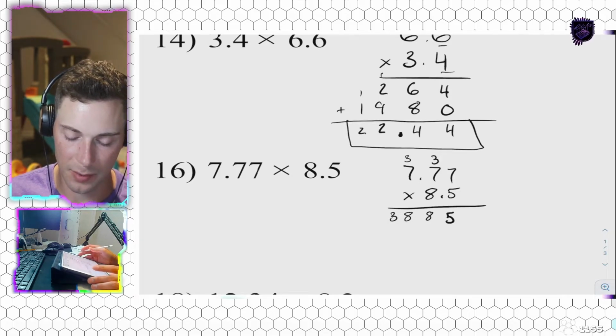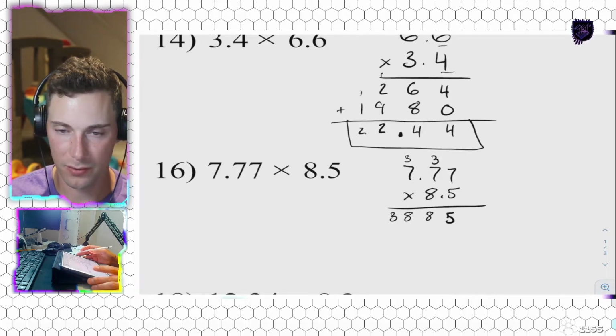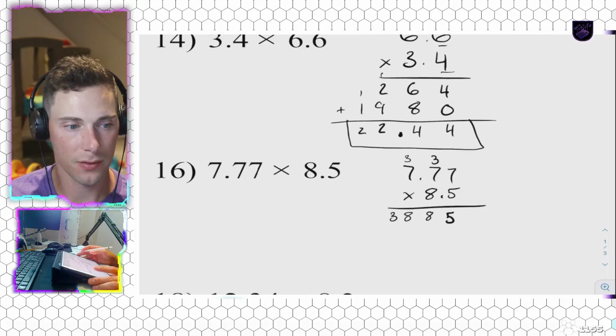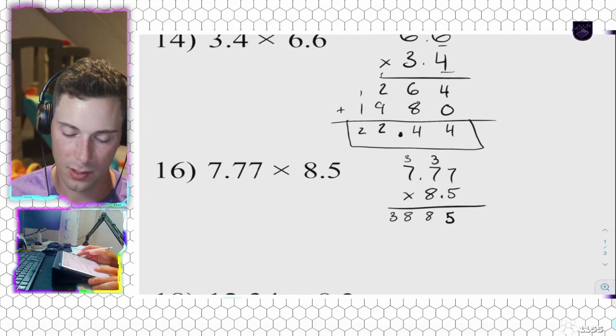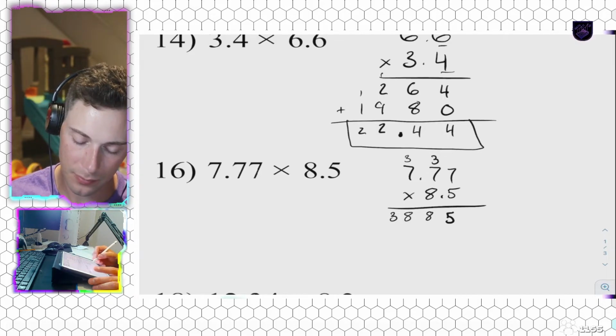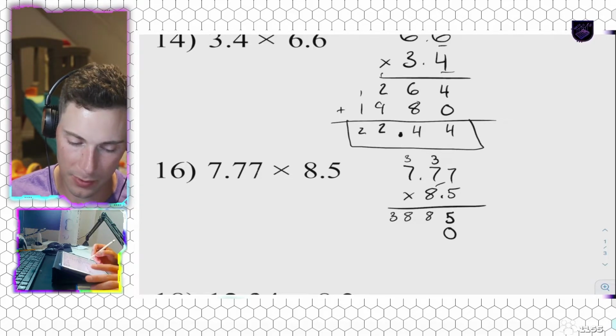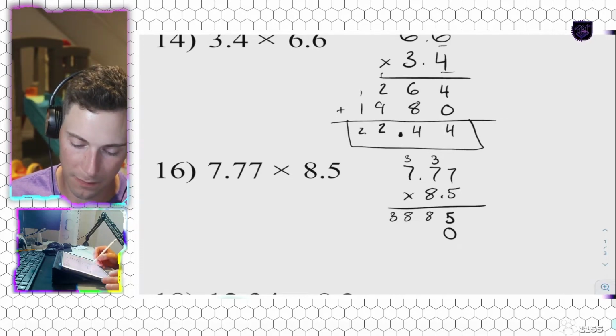Next will be 7 times 8, which is 56. So we'll write our 0 and then our 7 times 8 here, which is going to be 56.